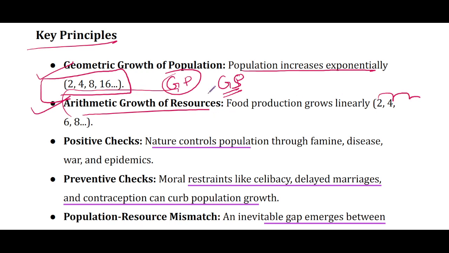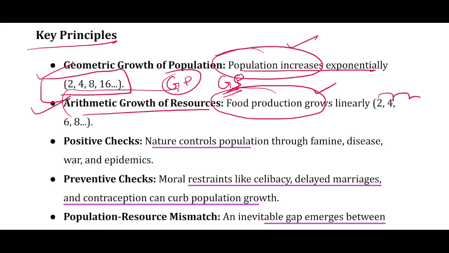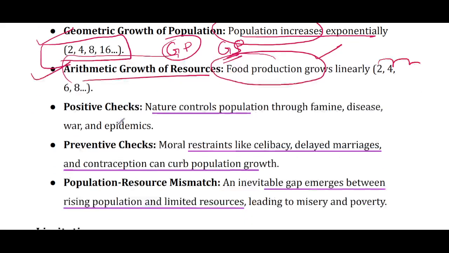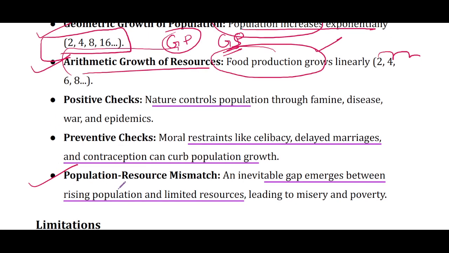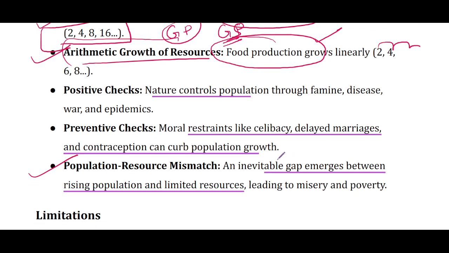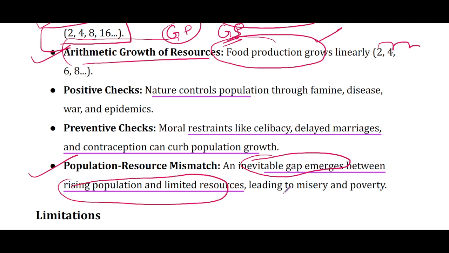The meaning here is that population increases very fast, and this is not kept up with by the production of food resources. Here lies the mismatch: a gap emerges between population and limited resources, which leads to misery, poverty, and many other conflictual and violent outcomes.